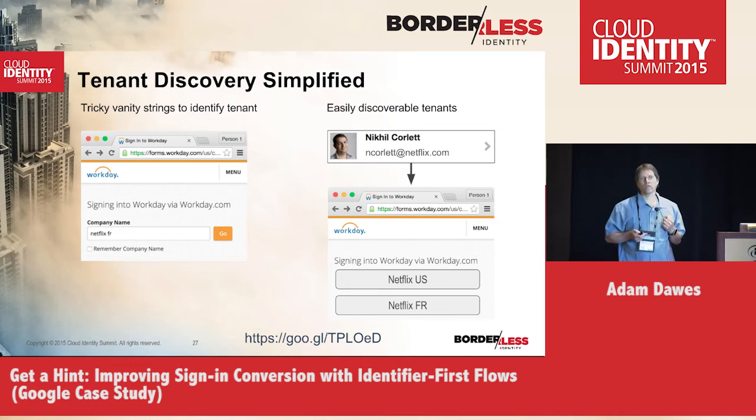An identifier-first flow can help with that too. So right now with Tenant Discovery, you basically have to train the user to go to some vanity URL and to understand the difference. It's a sort of cryptic thing. If you don't get it right, then you're frustrated about how to actually log in. With an identifier-first flow, you can again do this same thing, where you can look up and see where this user could be going, and then present that user with the appropriate tenants that they would want to log into.